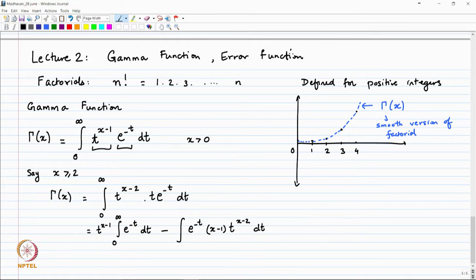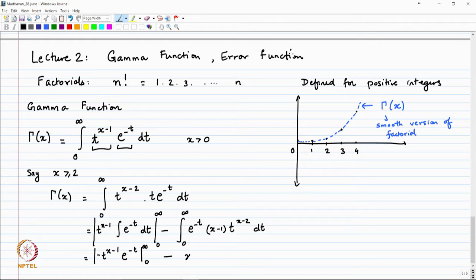Actually I should be a little more careful. We should not put the limits here; the limits should be put on the whole thing, from 0 to infinity. So we have to evaluate this whole thing from 0 to infinity. What this will give me is t raised to x minus 1, e raised to minus t, with a minus sign, from 0 to infinity, minus an integral from 0 to infinity.